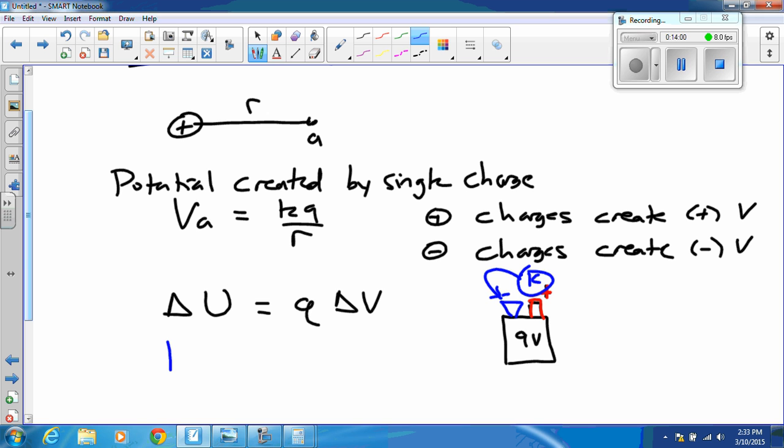In other words, voltage or electric potential is the relative amount of energy per coulomb that is stored up.